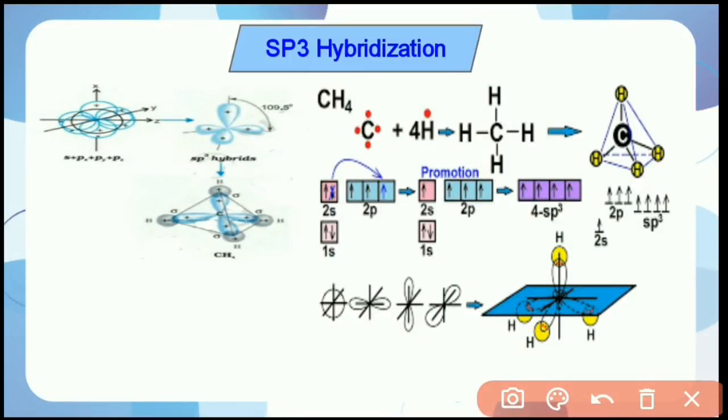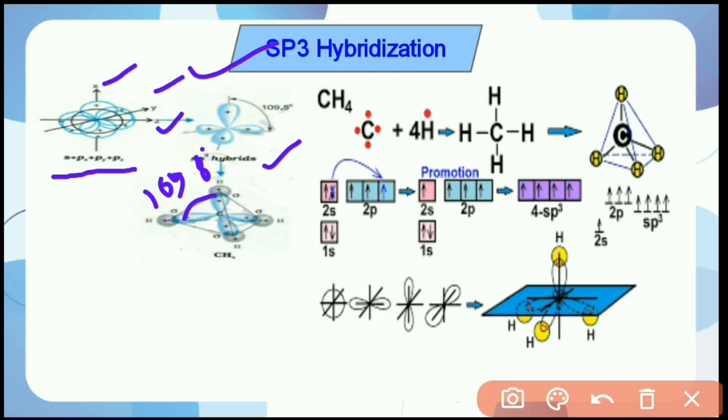The next type of hybridization is sp3 hybridization. In this hybridization, one s and three p orbitals, px, py, pz, all 4 orbitals intermix and form 4 new sp3 hybrid orbitals. These hybrid orbitals arrange in space three-dimensionally and make a tetrahedral structure, and the angle between two hybrid orbitals is 109 degrees 28 minutes.